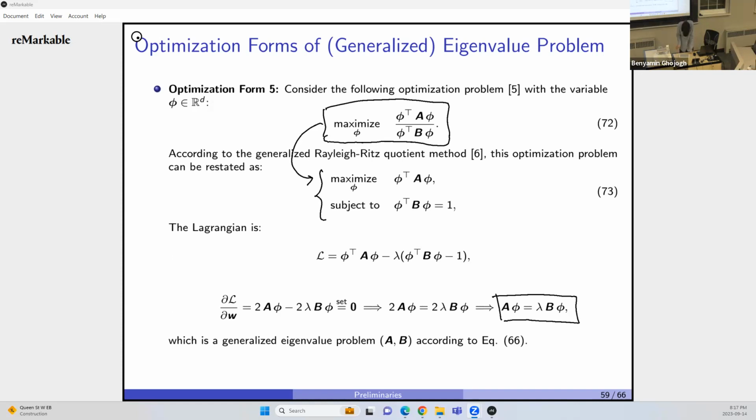Here I'm saying that let the denominator be 1. Therefore, rather than saying maximize the whole fraction, I'm just maximizing the numerator, right? We proved this equivalence for Rayleigh-Ritz quotient, but similarly, you can prove it for generalized Rayleigh-Ritz quotient.